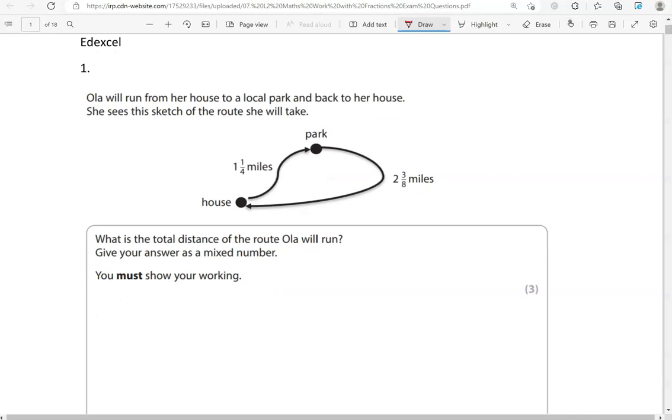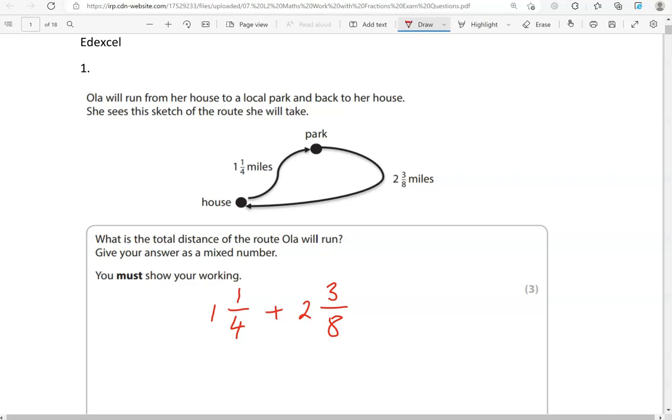So, from the house to the park, that is 1¼ miles. And from the park back to her house, that is 2 3/8. As we need to work out the total distance, we're going to add the two together.